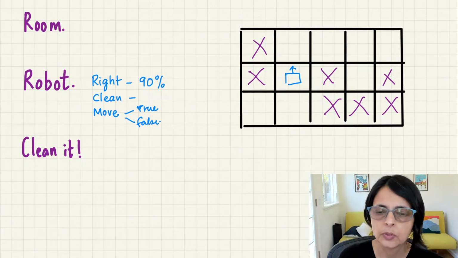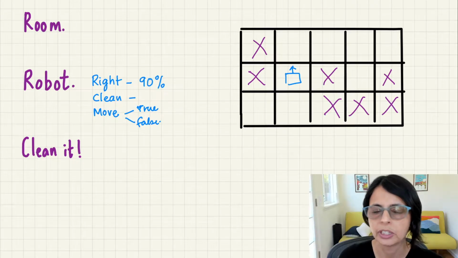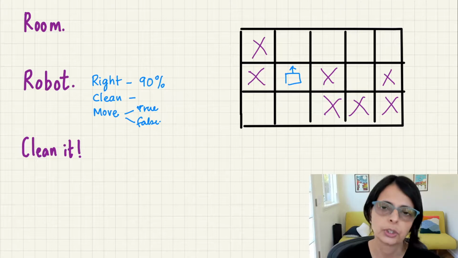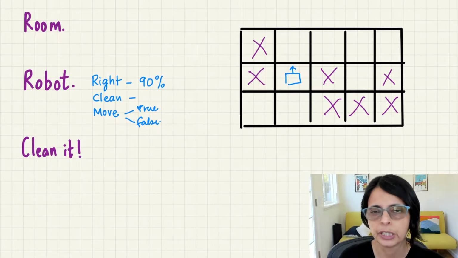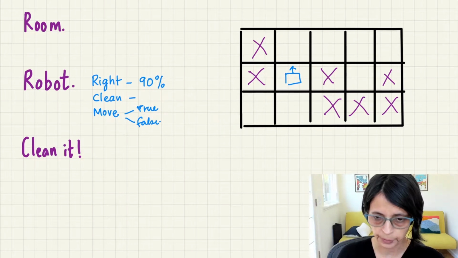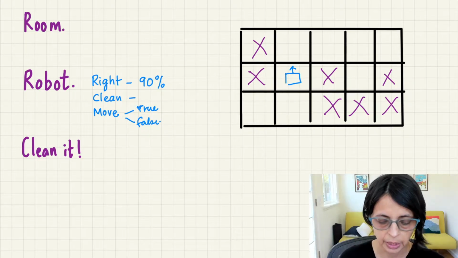If it's able to move there, it will do so, keep facing the same direction as it is right now, and return true. If it's not able to move because the cell is occupied, or the cell doesn't exist because you're at the boundary of the grid, then it's going to return false. Okay, so that's the robot.